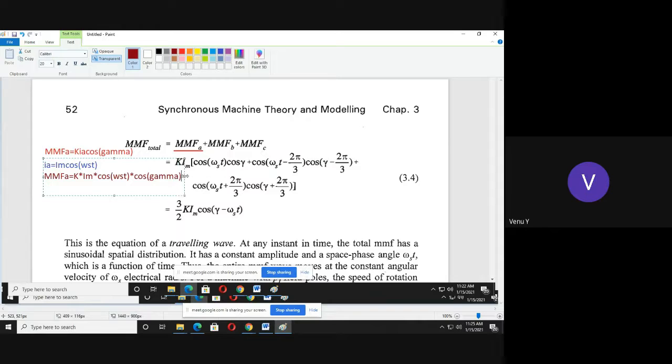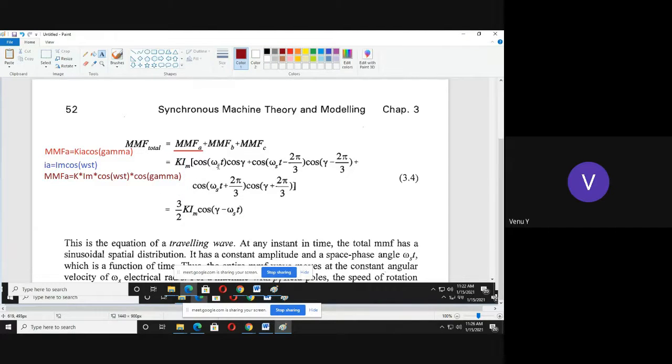Right? So this is MMF A for phase A. Similarly, you write MMF B, MMF C, so that you'll get K Im as constant, and the sum of all these cos terms gives 3 by 2 into cos of gamma minus omega s t. After simplification, you'll get this one final expression, right? This is the final expression.